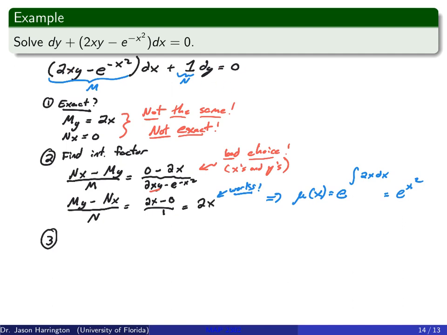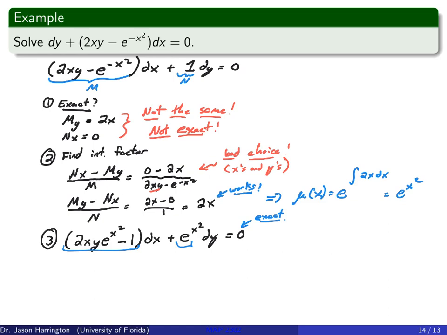I'm left with 2xy e to the x squared minus, and then e to the negative x squared times e to the x squared just becomes 1, dx, plus e to the x squared dy equals 0. So now I have my two terms, and this should be exact. And again, you can check it just to make sure that your integrating factor and everything worked.